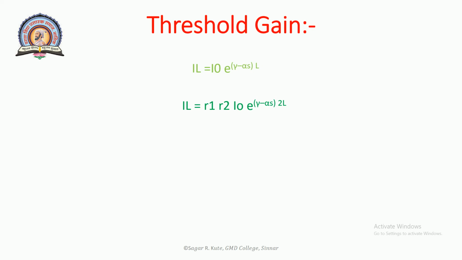The amplification obtained during the round trip is capital G equal to I2L upon I0, equal to R1 R2 e raised to (gamma minus alpha s) into 2L.